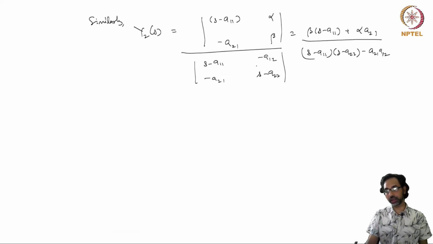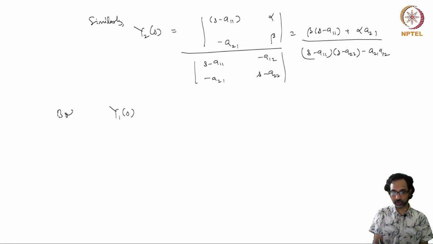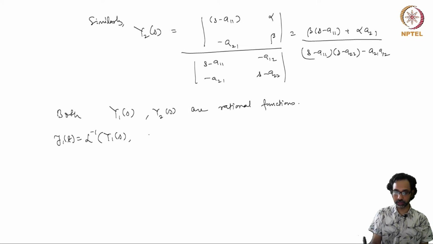So now both our Y1(s) and Y2(s) are rational functions, and y1(t) equals the inverse Laplace transform of Y1(s), and y2(t) is the inverse Laplace transform of Y2(s), which can be obtained via partial fractions.